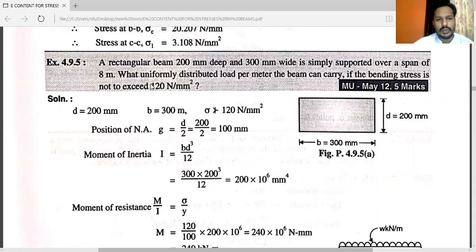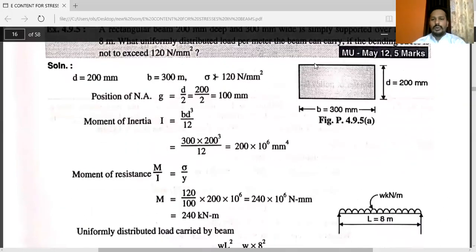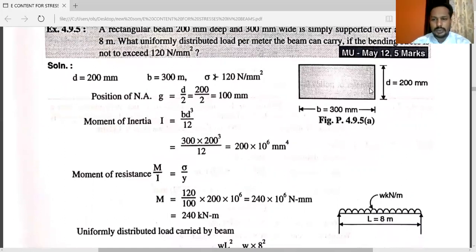So here you have to calculate what uniformly distributed load per meter the beam can carry. First of all, you have to draw the rectangle having base 300 mm and depth 200 mm. And we know that the position of neutral axis will be at the center.